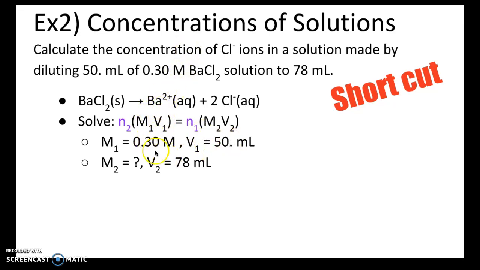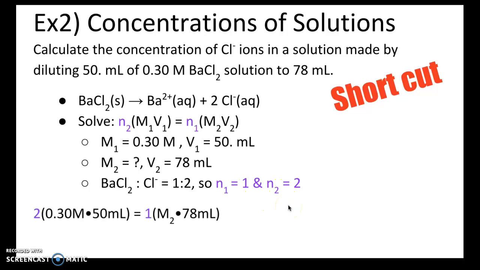And M2 would be the molarity of the chloride ion and the volume of the solution that I'm looking for. So this is sort of my initial, this is sort of my final. And then the barium chloride to chloride molar ratio is 1 to 2. So that means that the molar ratio for barium is 1 and for chloride is 2.